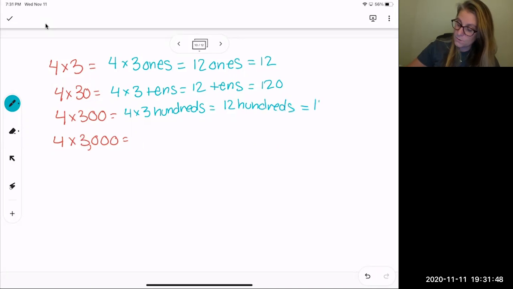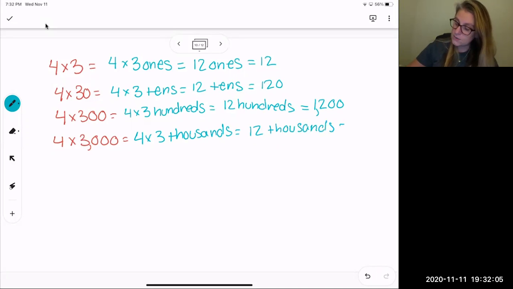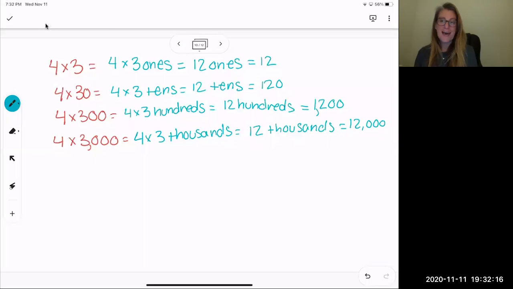It's equal to 1,200. And 4 times 3 thousands is equal to 12 thousands, which is equal to 12,000. Okay, now look at our answers versus our questions. What patterns do you see?